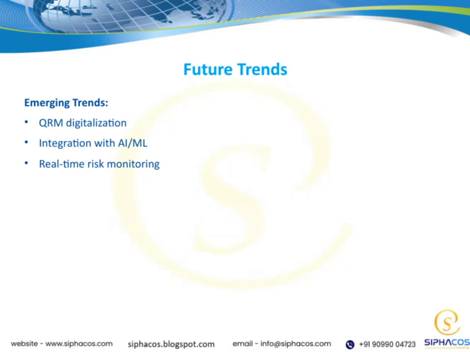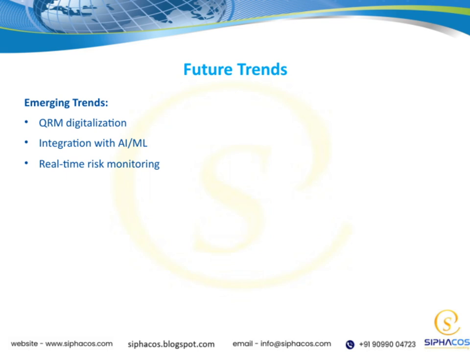Let's take a look at the future trends shaping our field. First, we have QRM digitalization, which is about transforming quantitative risk management processes through digital tools. This allows for more efficient data handling and better decision-making. Next, integration with AI and ML is becoming increasingly important. These advanced technologies help us analyze complex data patterns and improve risk prediction accuracy.